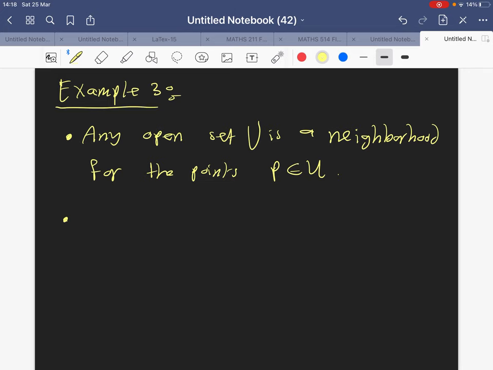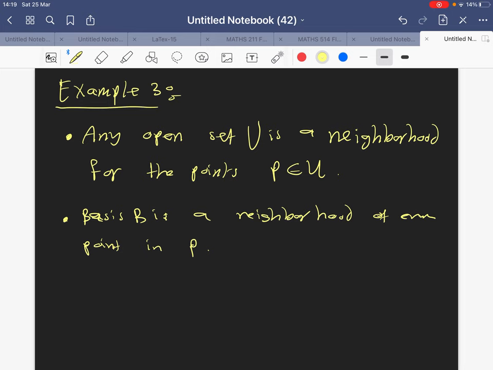So if we have a basis, then the same story will go with the same idea. So the basis set B is a neighborhood of every point in B. And that's mostly what I would like to mention about the neighborhood. So the idea of the neighborhood is we have a point and then we can find an open set containing this point, and the open set itself is contained in what we call the neighborhood.